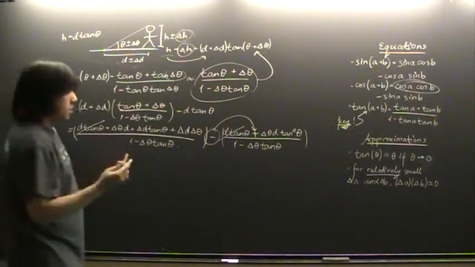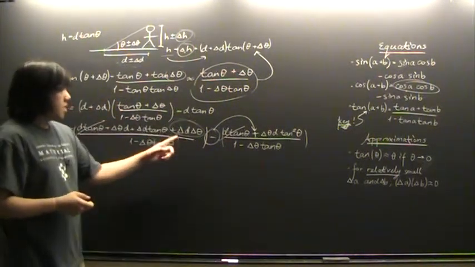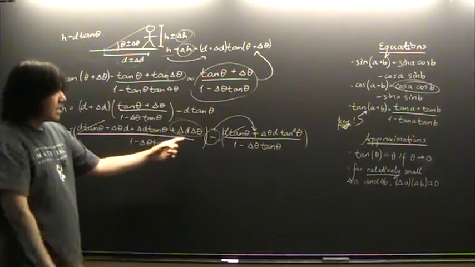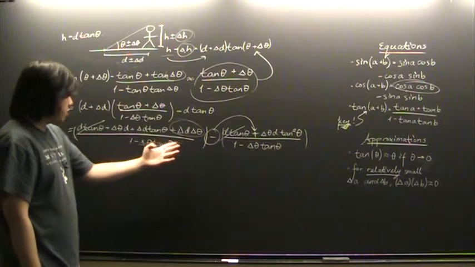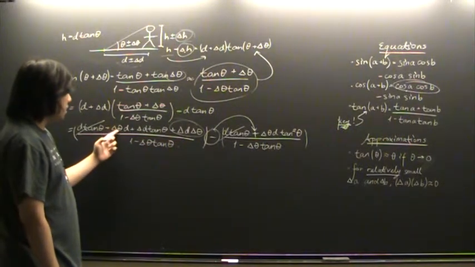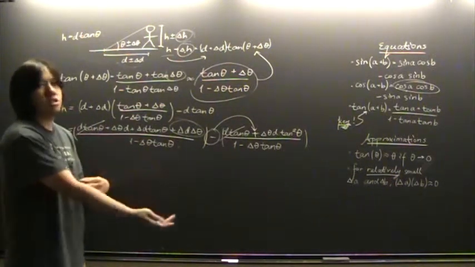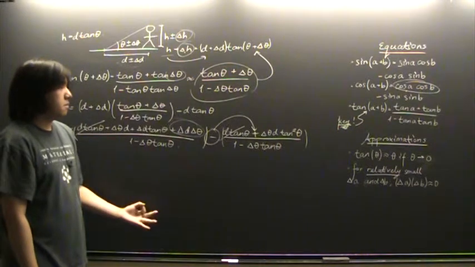And then the last thing we can do deals with this term over here. We notice that in comparison to the rest of the terms in this equation, delta d and delta theta are both really small numbers. In comparison to, say, this term, where you have just one delta times a pretty big number, we're assuming that your d is going to be sufficiently large. This term is going to be really, really small, right?